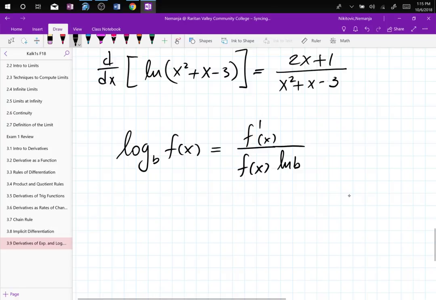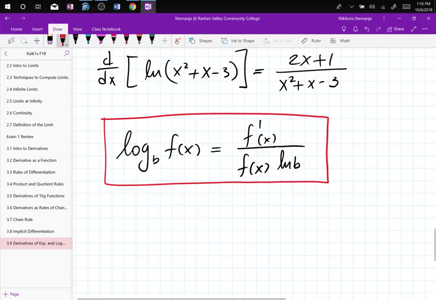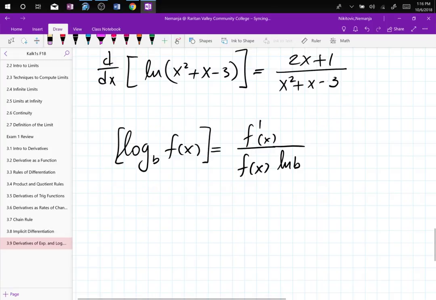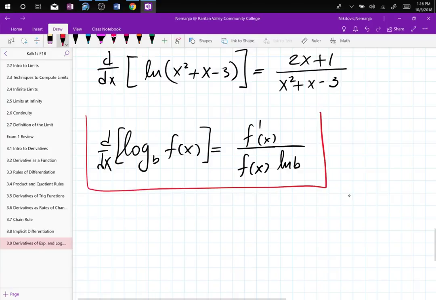One more thing, and that's that. So try the example. Oh, I forgot to put the derivative in front, guys. There's d dx over here. The derivative of this is, there we go.